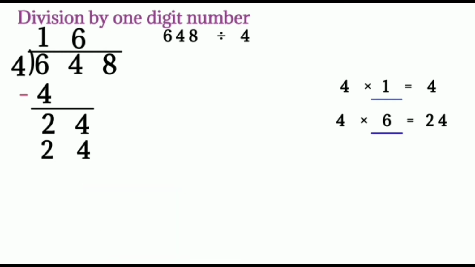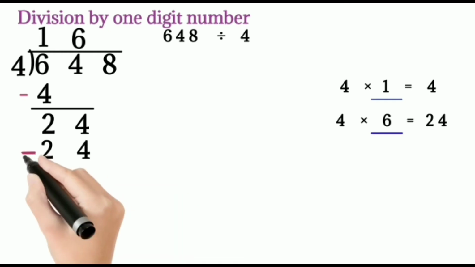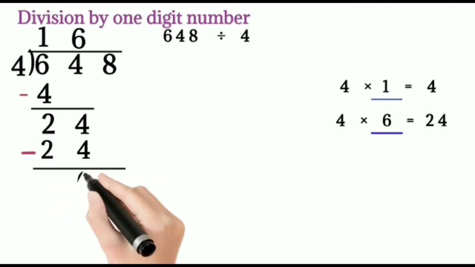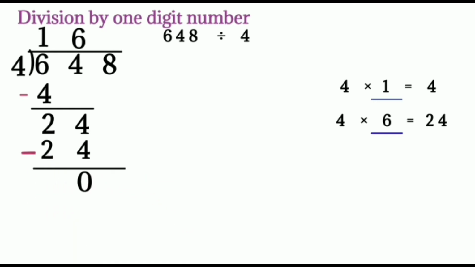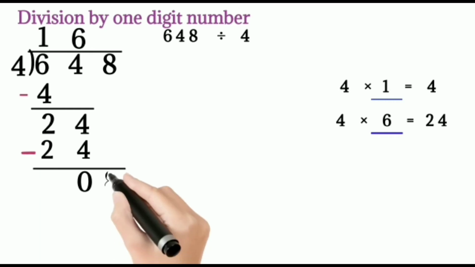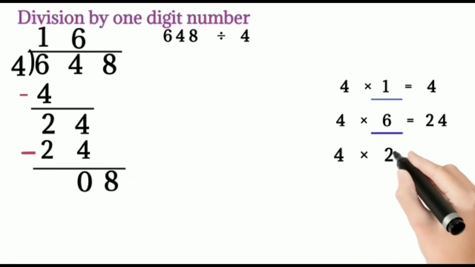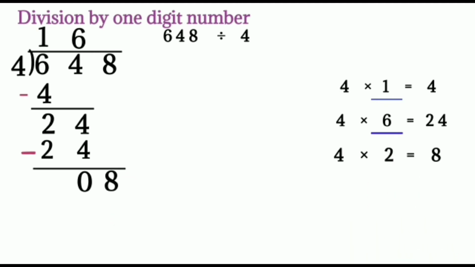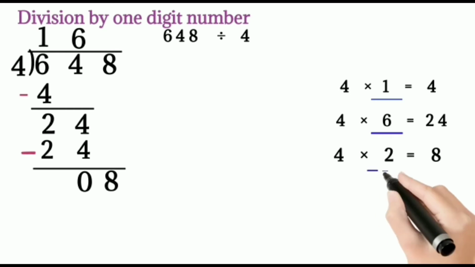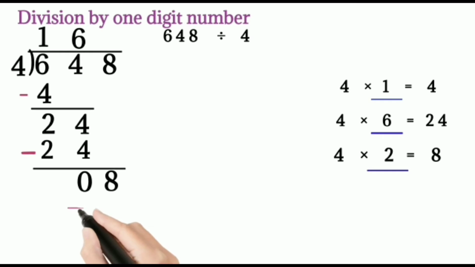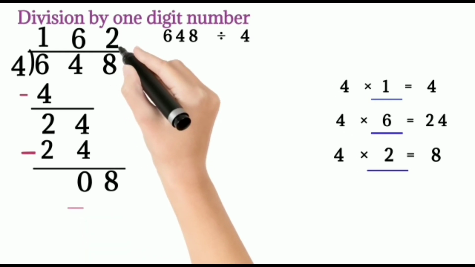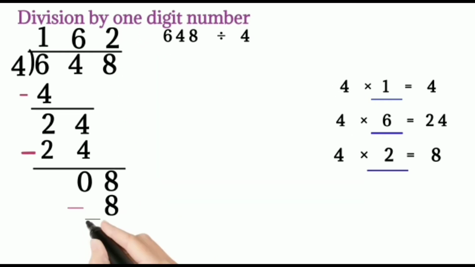We get 0. Then bring down the last digit of the dividend, that is 8. How many 4s can we get from 8? That is 4 twos are 8. Then write 2 in the quotient and 8 below the 8, then subtract. We get 0.